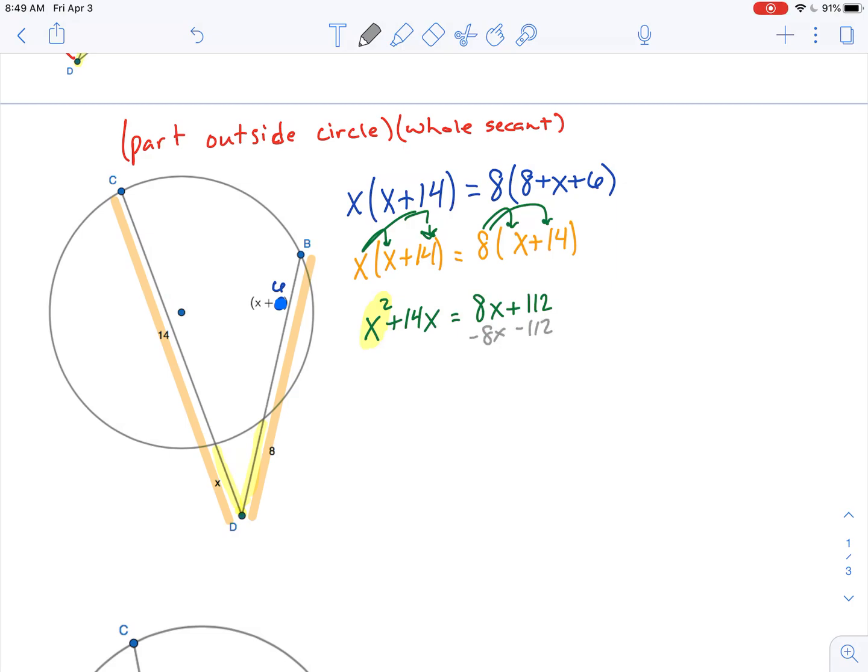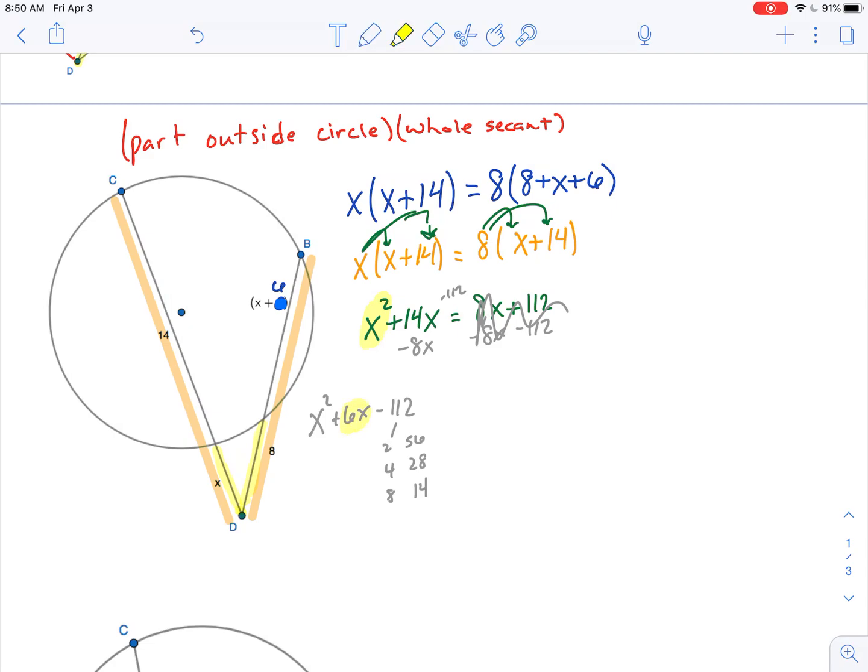And anytime you notice an x squared, then you know we've got to get the rest of this stuff on the other side. We're going to end up factoring. So if I subtract 8x and subtract 112, then I end up with x squared plus 6x minus 112.